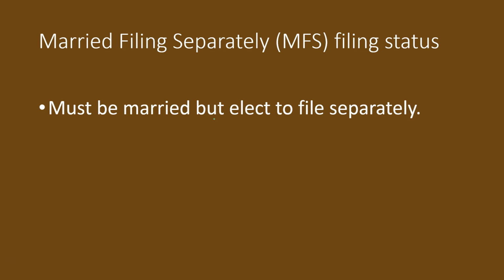But that's not really the case, because you're going to actually forfeit some of the things that you would have had if you were unmarried. So some of the credits that you may have gotten if you're filing single, you're not going to get married filing separately for that reason. Usually, if you are married, then you're going to benefit overall to file jointly.